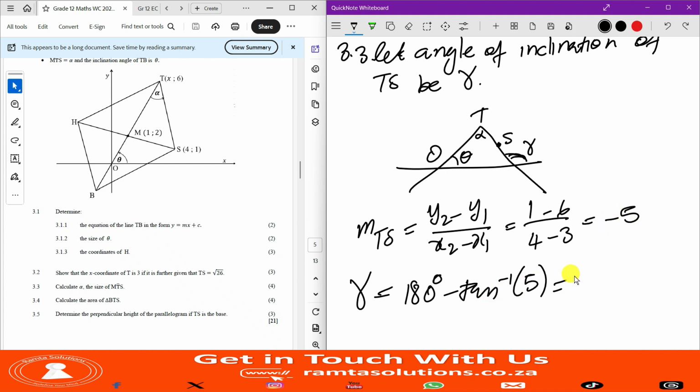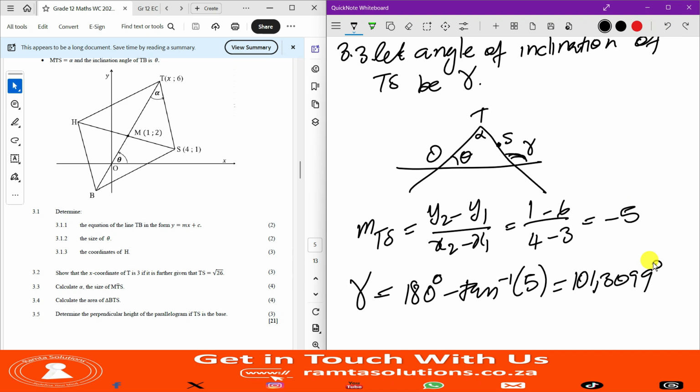I'm using positive 5. So now let's take out our calculators. 180 degrees minus shift tan 5 degrees is 101.3099 degrees, right?